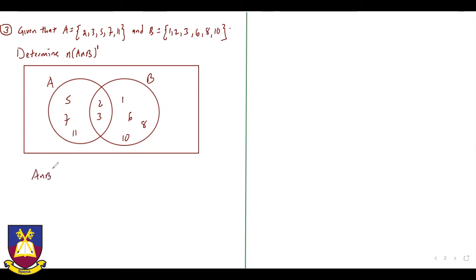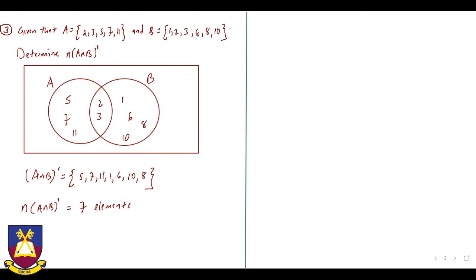A intersection B, everything complement, will be 5, 7, 11, and I've listed them in no particular order, 1, 6, 10, and 8. When we count them, we have 1, 2, 3, 4, 5, 6, 7. So the number of A intersection B, everything complement, will be 7 elements.